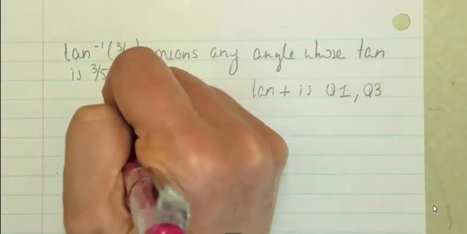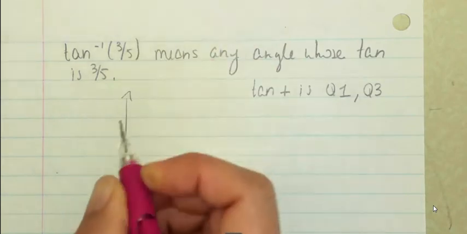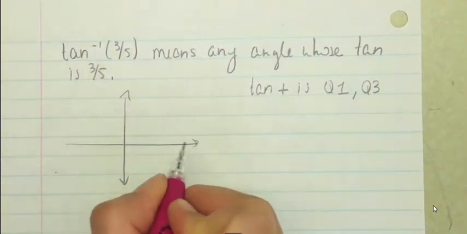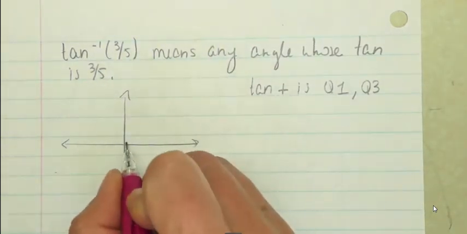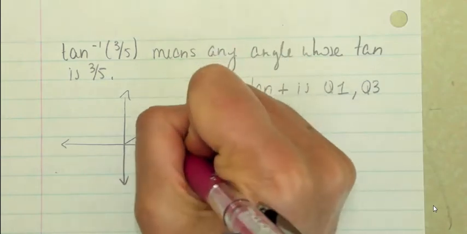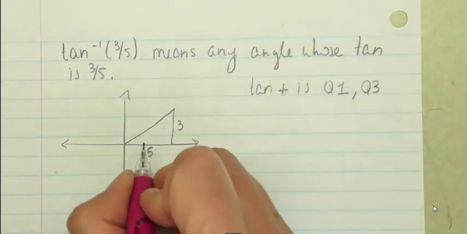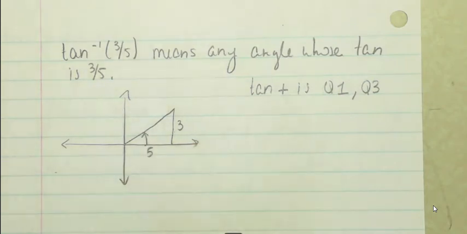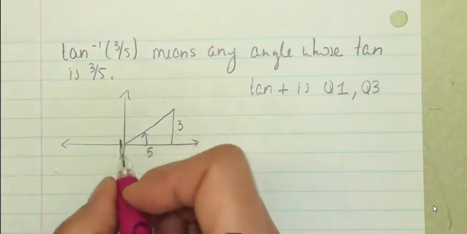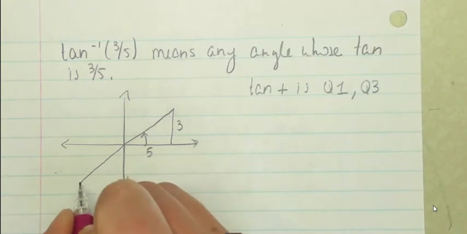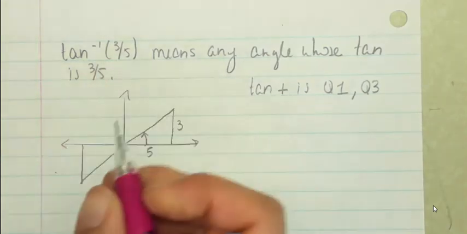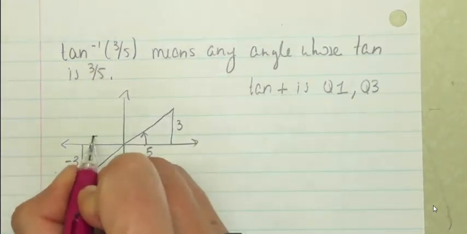So they're basically a half of a revolution apart. So if I think about 3/5, tan is opposite over adjacent. Okay, so I'll end up with this angle right here. But I can also have tangent be positive over here, right? If this was -3 and -5.